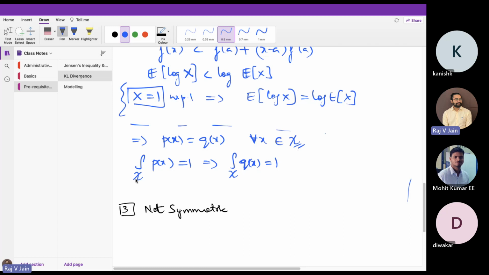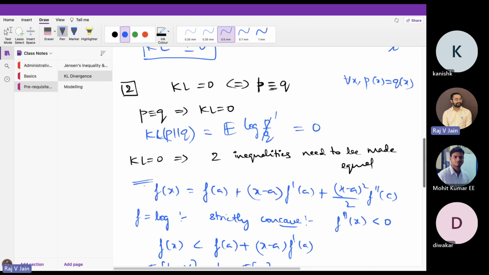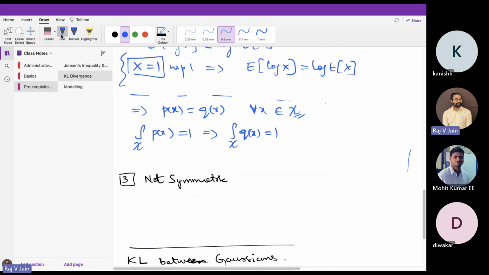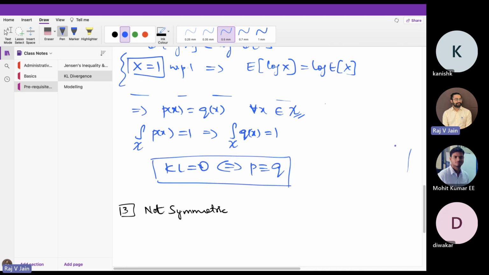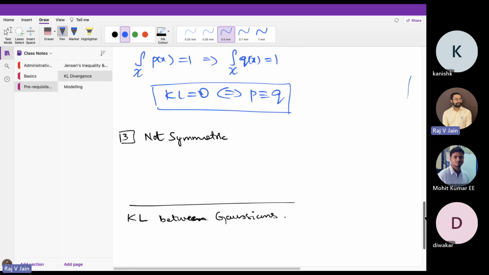Therefore, the support for P and Q has to be exactly the same, so there's no support mismatch issue anymore. This makes sure that if KL is 0, this implies that P is equal to Q always, with KL defined as above.